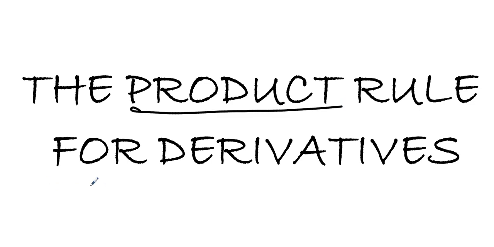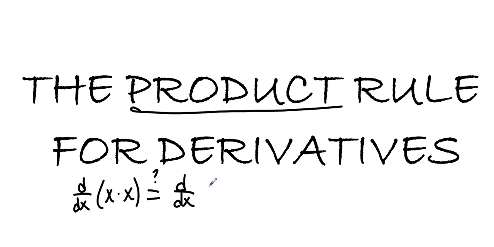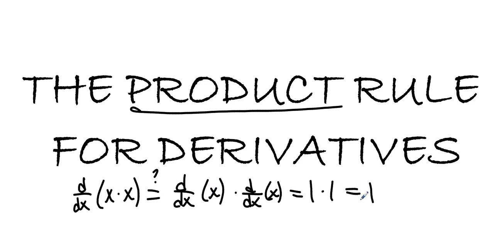So you think to yourself, well, if I have the derivative of x times x, well, maybe that's just the derivative of x times the derivative of x, and we know that the derivative of x is 1, and the derivative of x is 1, and that's 1.